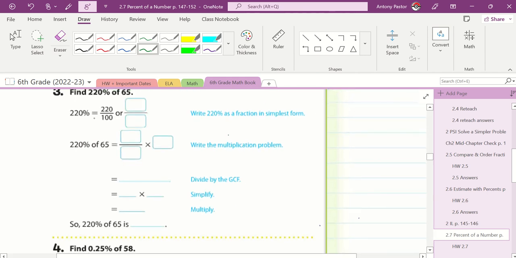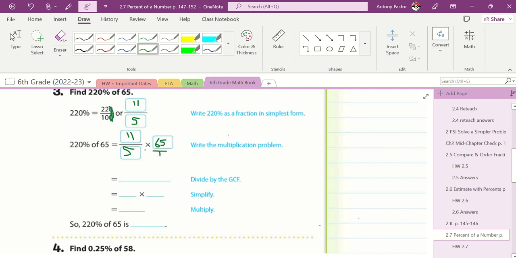Now, if you wanted to do it this way, you could have done it this way. I could have chopped off those zeros to make it 22 out of 10, divided both by 2, so that would make it 11 out of 5. 220% of 65 would be 11 over 5 times 65, and you would typically put it over 1.